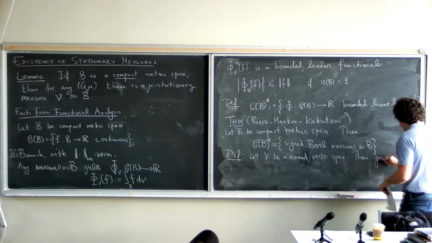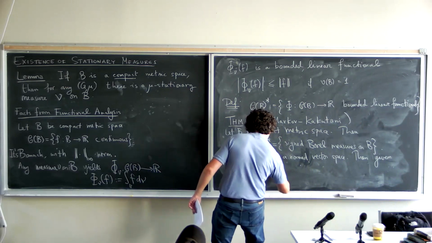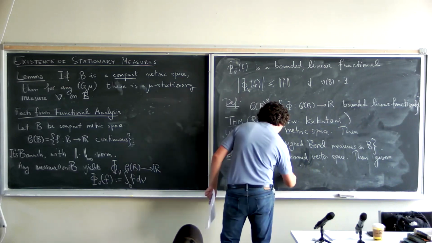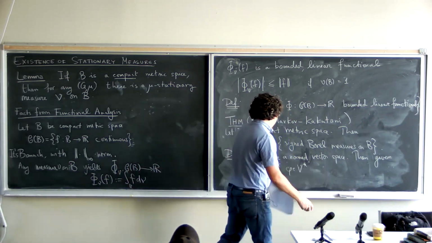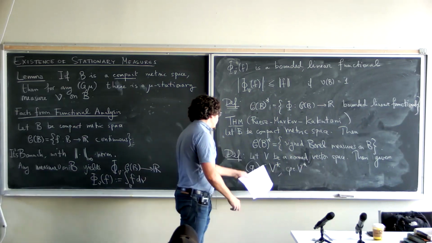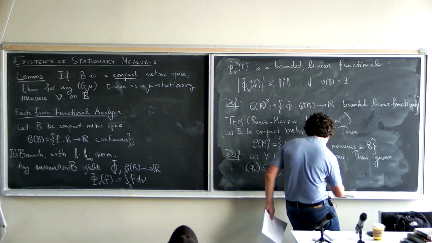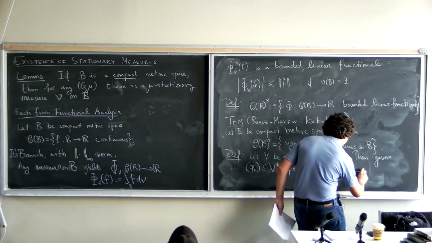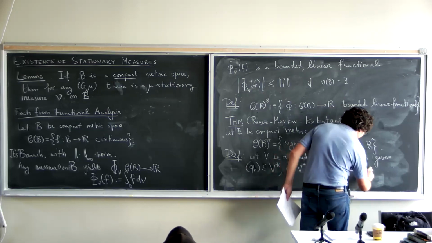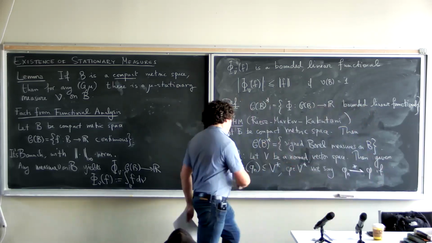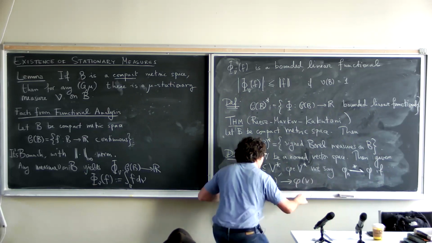Given a sequence phi_n in V star, which is the dual, we say that phi_n converges weak-star to phi if they converge on every vector. So phi_n converges weak-star to phi if phi_n(v) converges to phi(v) for every v.